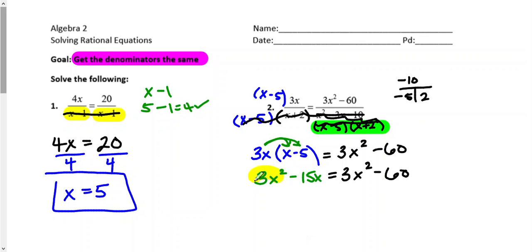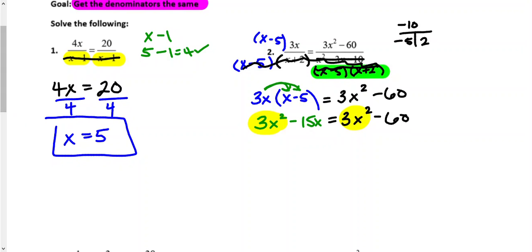Now, since I have x squareds, I know I need my problem to equal 0 before I can solve it. So to equal 0, I'm going to subtract 3x squared and subtract 3x squared, and I'm going to add 15x and add 15x.